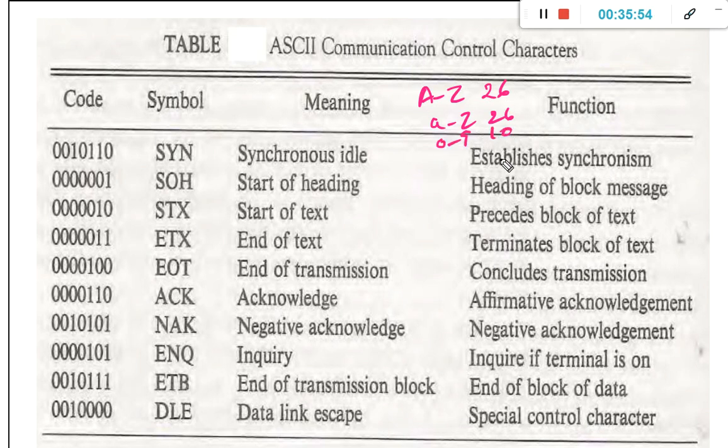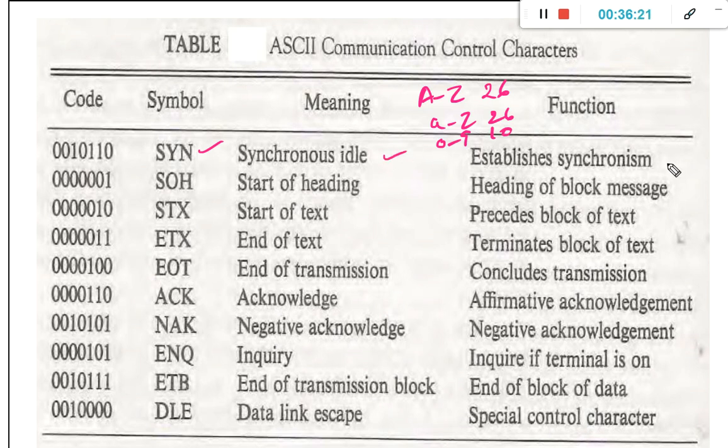In addition, it contains several special characters, which can be used as communication control characters. Here you can observe several communication characters of 7 bits each. The first communication character is SYN, which means synchronous idle.